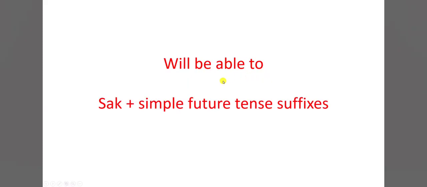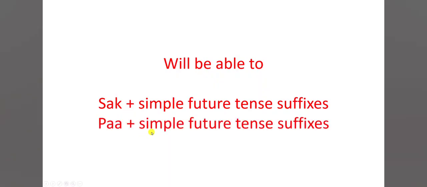The first word is obtained by adding simple future tense suffixes to the word sak. And the second word to represent "will be able to" is obtained by adding simple future tense suffixes to the word pa.